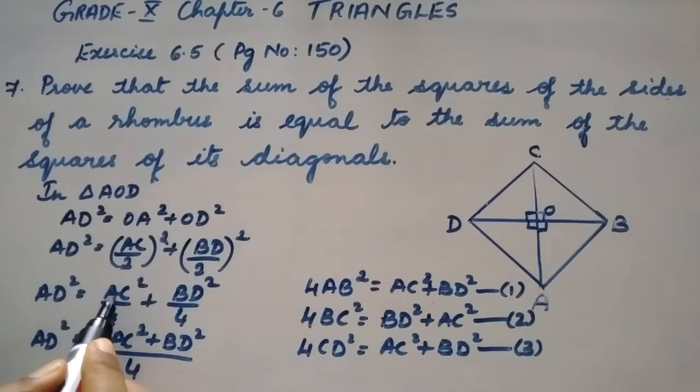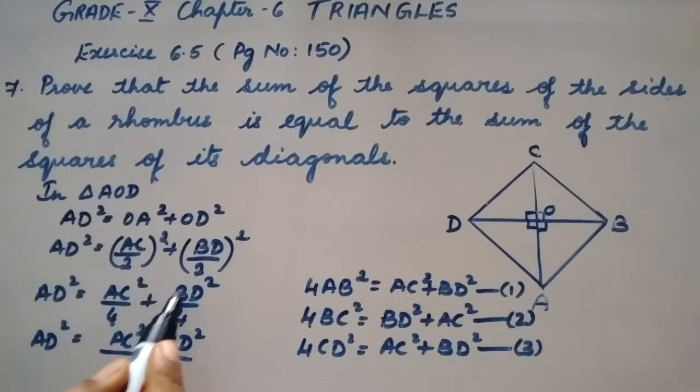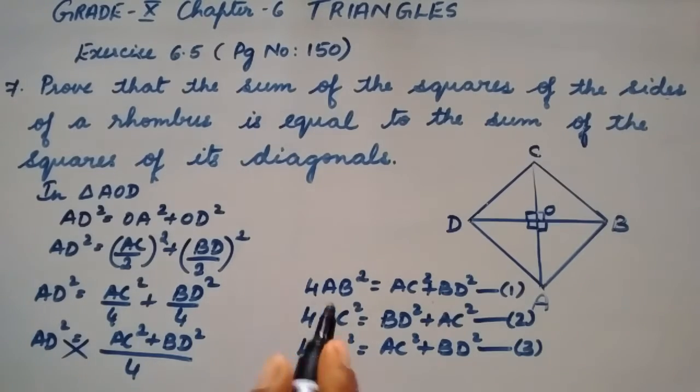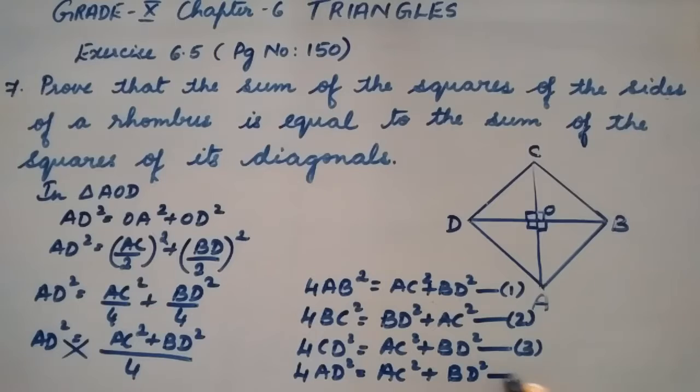So AD square will be AC square by 4 plus BD square by 4. So take the LCM, you get AC square plus BD square by 4 and then cross multiply. You get 4AD square is equal to AC square plus BD square. And consider this as 4.